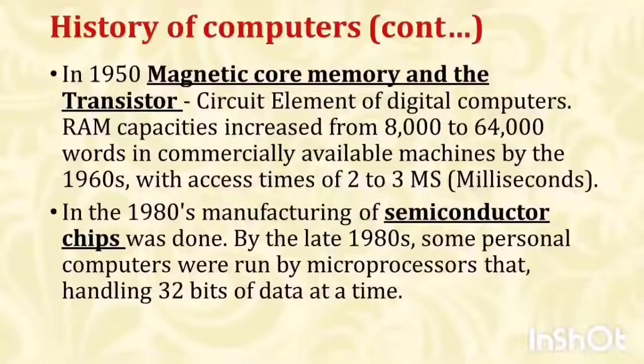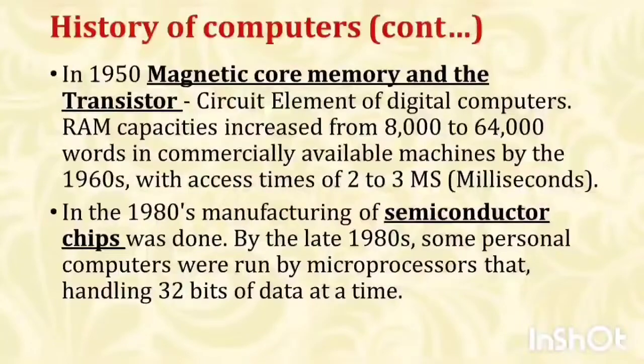Then in 1950, the vacuum tubes which you saw were replaced by transistors. Then the next generation of computers came, and the improvement in that was that the RAM capacity was improved. Then in the 1980s semiconductor chips were developed, and in the late 1980s we got the PC.